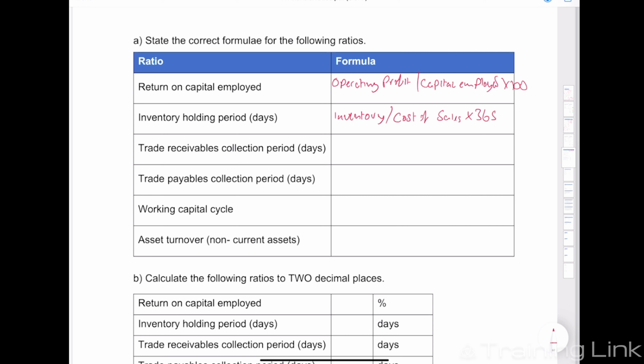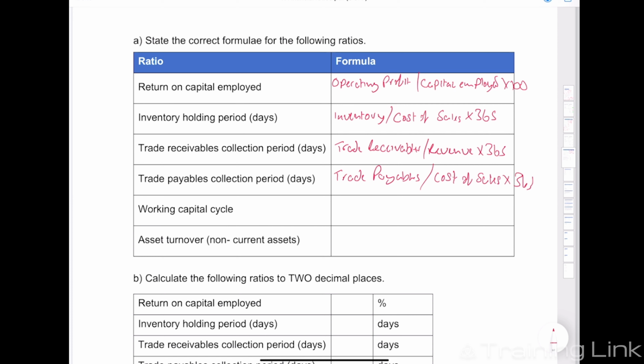Trade receivables collection period is trade receivables over revenue times 365. Trade payables is trade payables over cost of sales times 365.